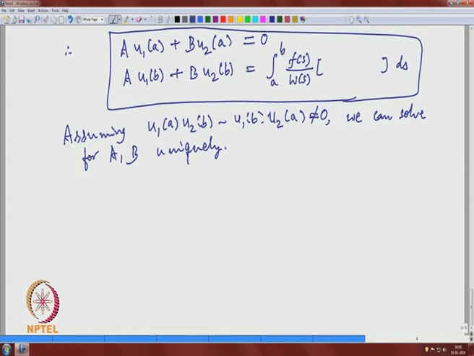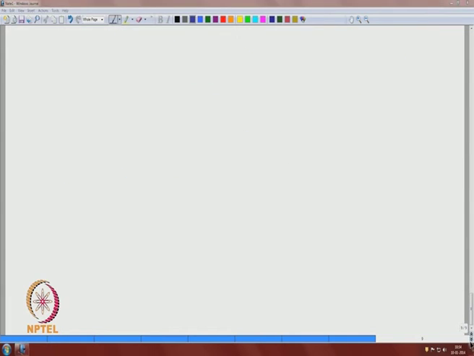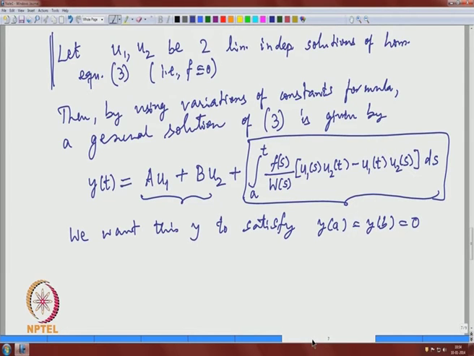Okay. So, now you write A and B uniquely. So, find A and B and substitute in. So, let us go back and see what this one is.